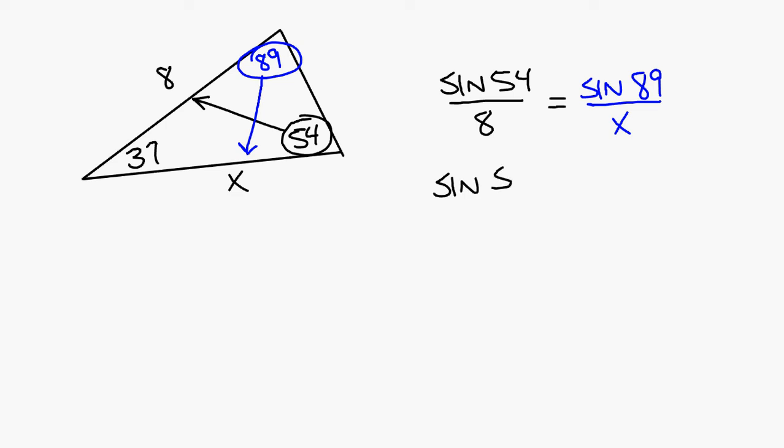Ooh, that's ugly. Sine 54 times x is equal to sine 89 times 8. So, divide both sides by sine 54.